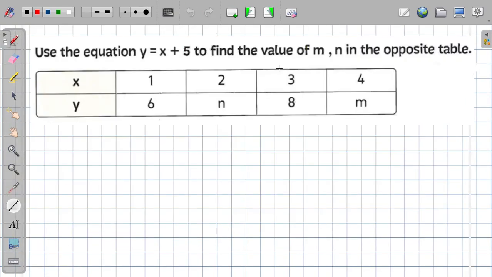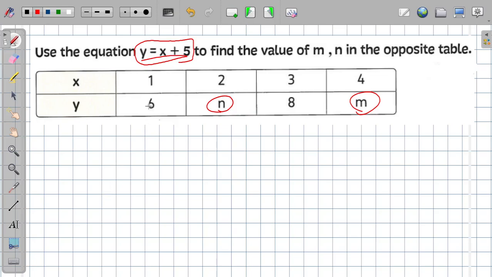Let's try another one. I have the equation y equals x plus 5. And I want to know the value of m and n here in the table. The first two values here, I have 1 and 6, because 1 plus 5 equals 6.